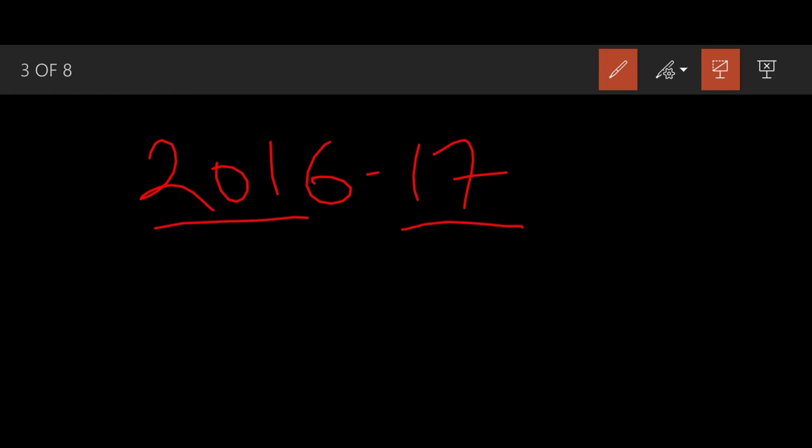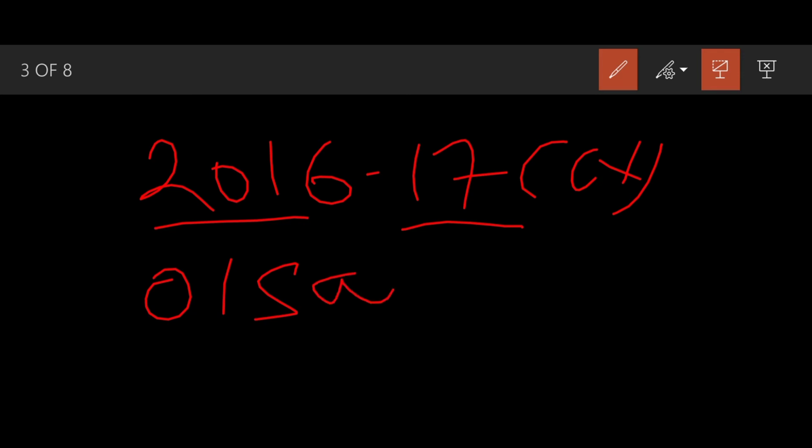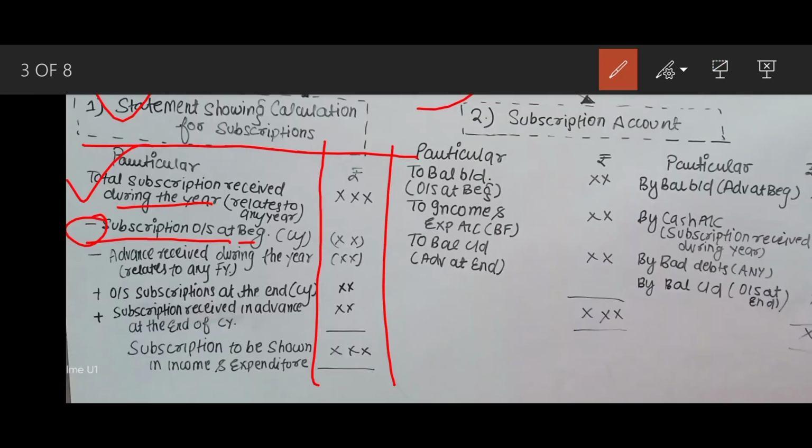And similarly this happens with the end also. So in 16-17, the current year, you will have an outstanding at end also. We will have to deduct subscription outstanding at beginning only.